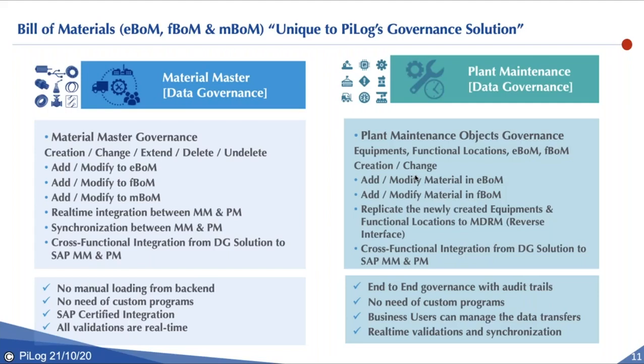And when we are creating an EBOM or FBOM or modifying an EBOM or FBOM, there is a huge, vital dependency on the material master. So the plant maintenance and material master will always have to work hand in hand, and there must be seamless integration from material master to plant maintenance, and plant maintenance to the material master, both of them.